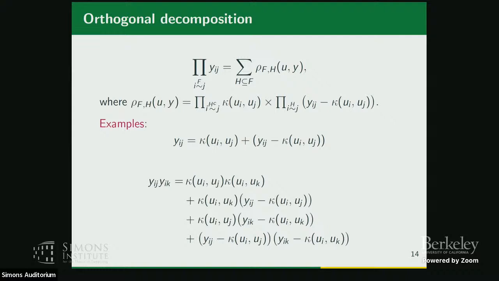You can just keep adding and subtracting a few terms and arrive at this decomposition, where this one is the full two-star graph, this one where H is just IK, this one where H is just IJ, and this is the overall conditional mean.